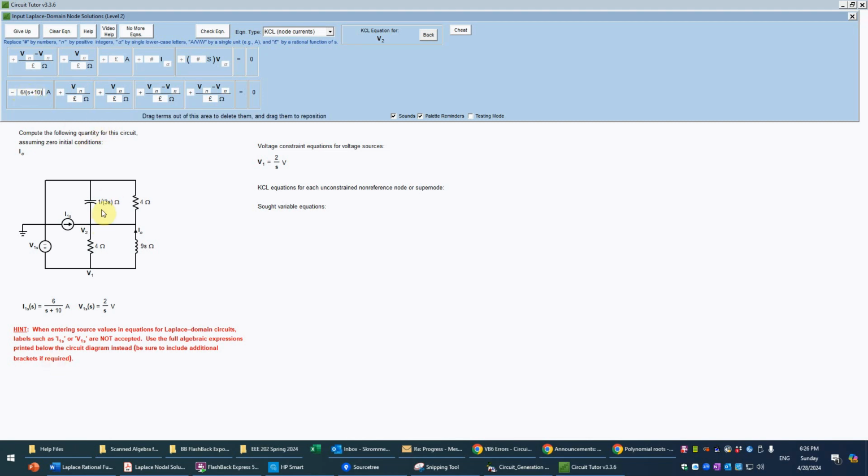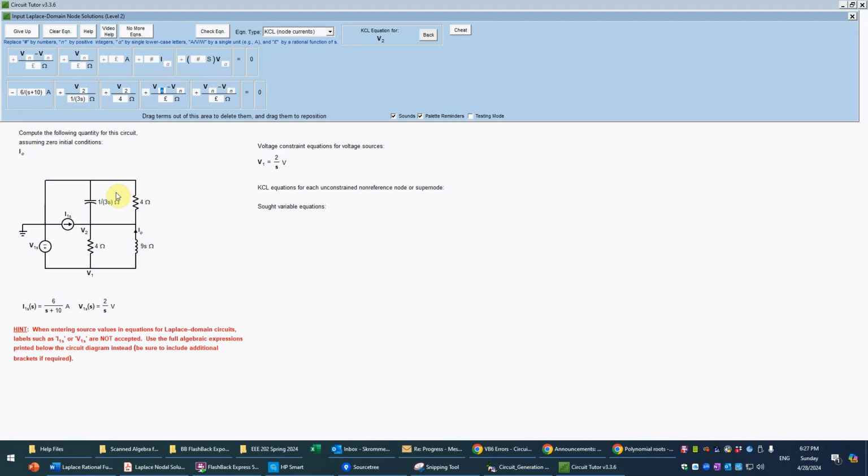Secondly, we'll do the current through the capacitor, so that's going to be the V2. And again, I can use the tab key to quickly go to those text boxes. And that's going to be 1 over the quantity 3s. Again, parentheses being crucial there to keep both the 3 and the s in the denominator. Then for the 4 ohm, we'll have again the V2 divided by just the 4 ohms.